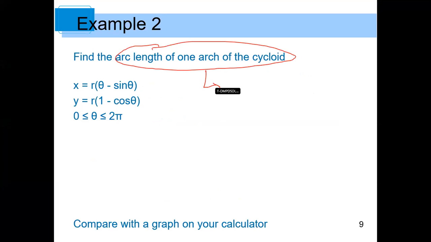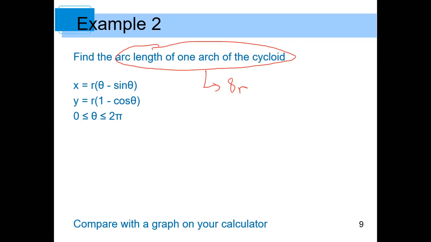We used the formula to show that this ends up being 8 times the radius, which is amazing, okay? We did a little bit of interesting calculation to pull that off for sure.